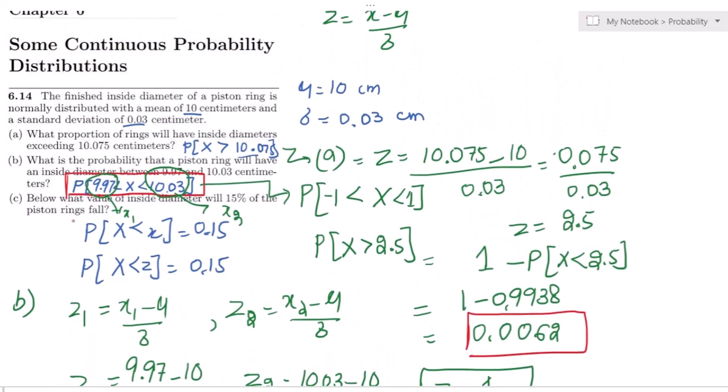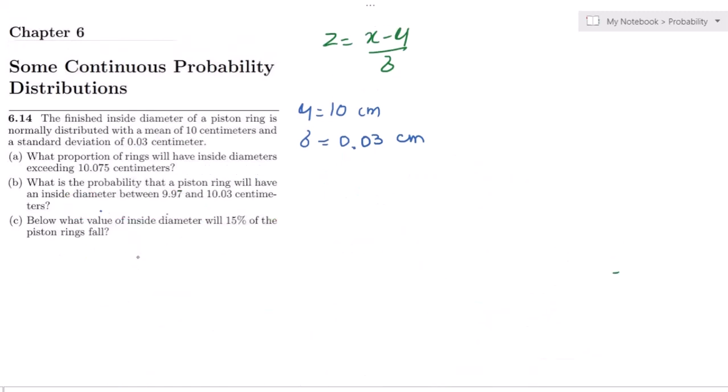Now in part C, below what value of inside diameter will 15% of the piston rings fall? To solve it, let me first remove these parts. As I had written here, this is part C: the probability that X is less than z.